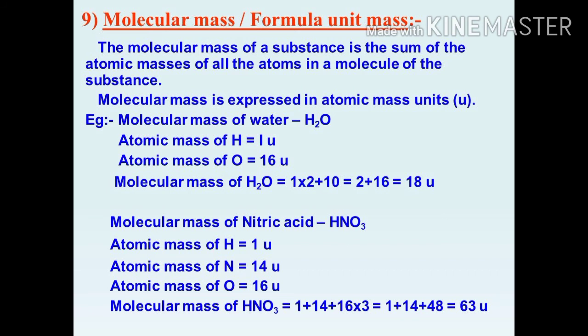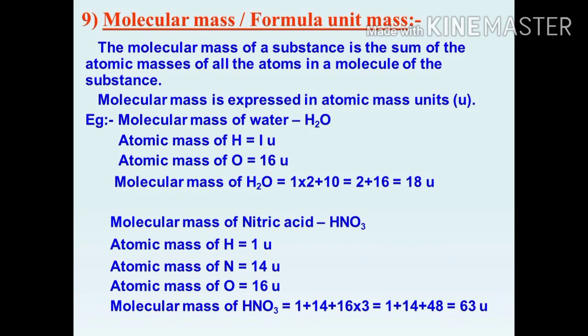Next, another example. Dear students, please note down these answers in your notebook. Molecular mass of nitric acid, HNO3. How many hydrogen are there? Only one. How many nitrogen? Only one. How many oxygen? 3 oxygen. Dear students, atomic mass you study from page number 35.